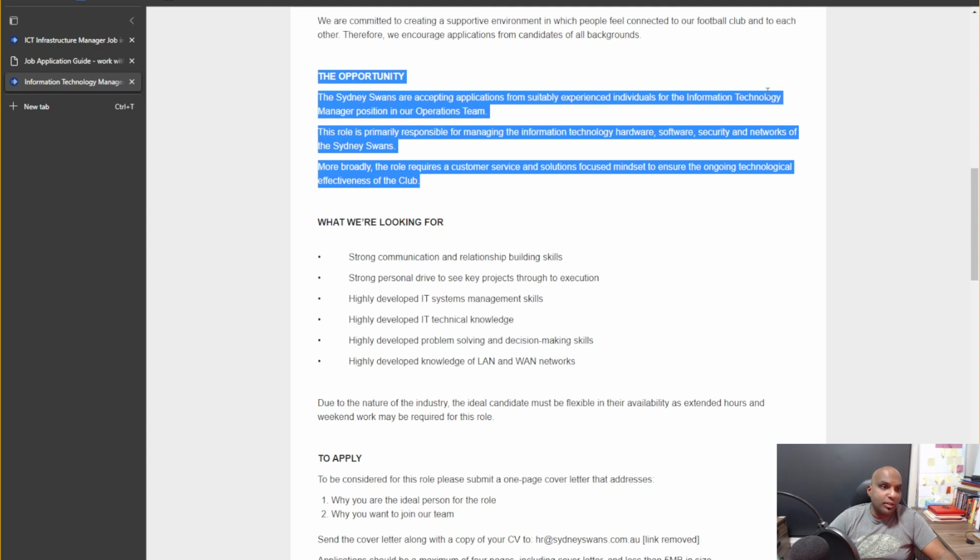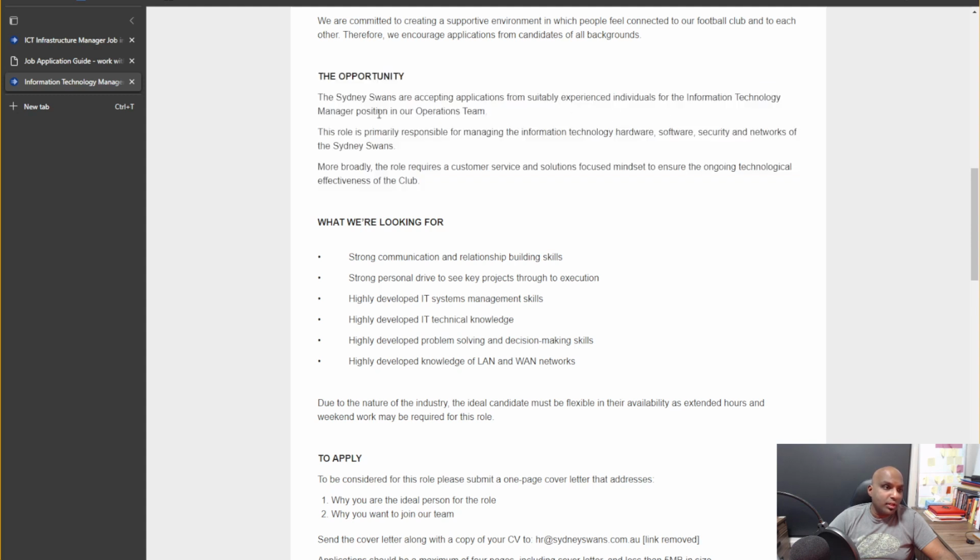So they're looking at our operations team. You know that it's more the operational aspects of technology that they want to manage, responsible for managing hardware, software, security, networks. Basically this is someone who is going to be managing the technology stack of the business, not doing development or managing development teams.